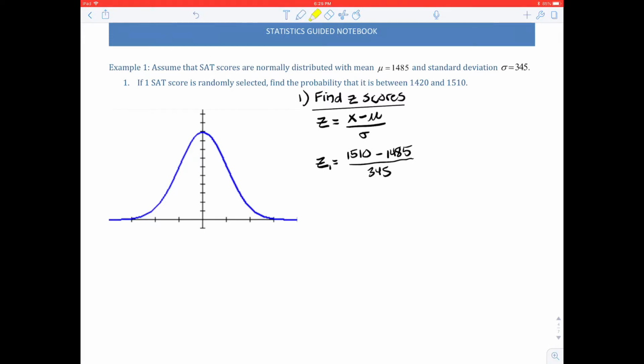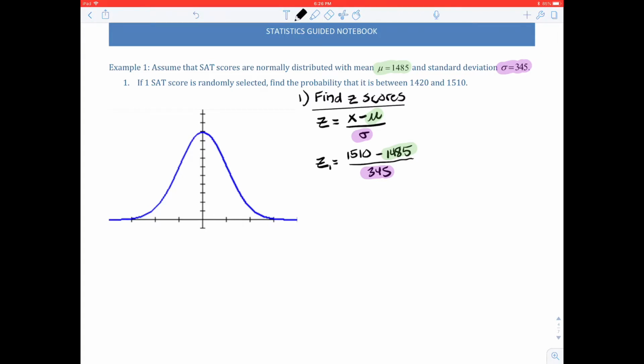Cool so far? So just to show you, mu was 1485, and sigma was 345. And then we're getting our x values.